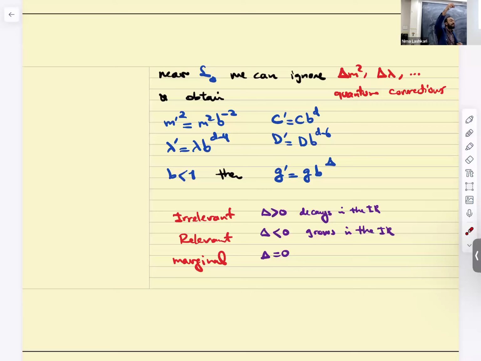If there was a teeny tiny contribution somewhere in the theory, it would just grow. The other way around, if it's irrelevant, you say, I don't care. Even if it were something, it would just decay. So as an effective field theorist, someone who works with finite precision, I just don't care about it. Marginal means it doesn't change along the flow, so you've got to take it seriously.